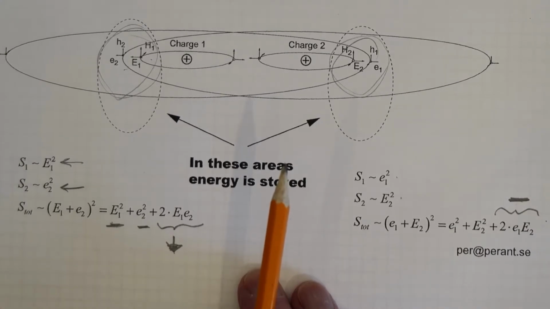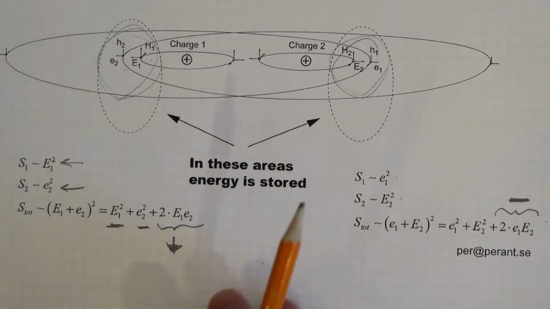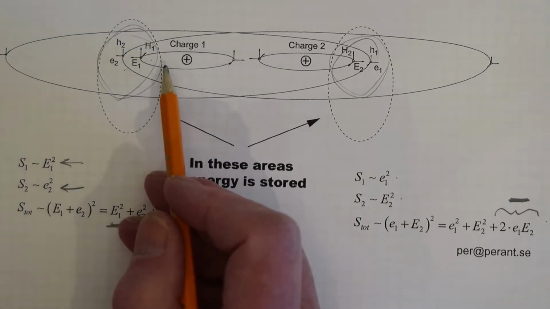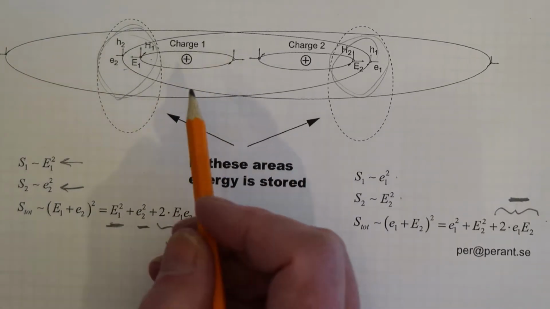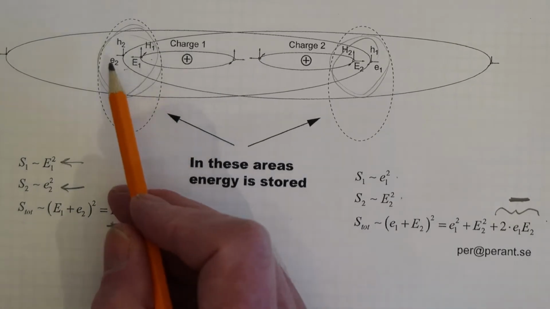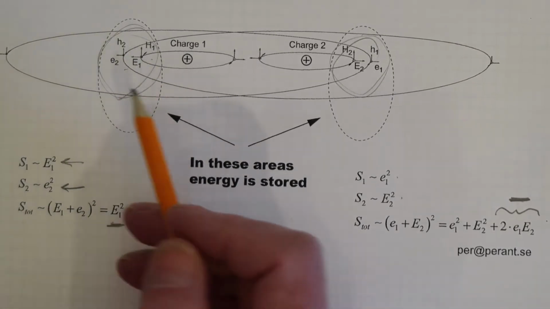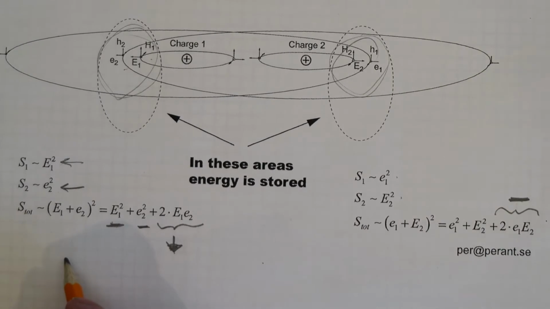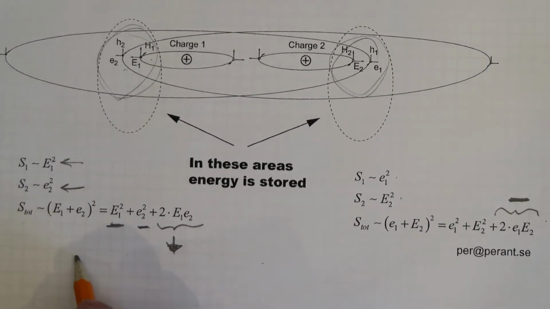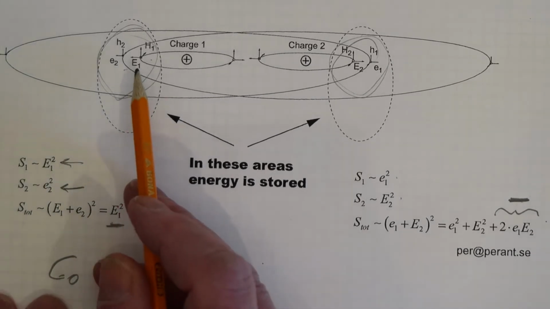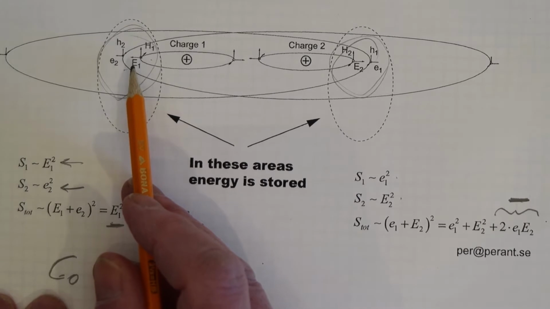Well, the only possible explanation is that the radiations are not traveling with the speed of light, c0, but they are traveling at a lower speed.